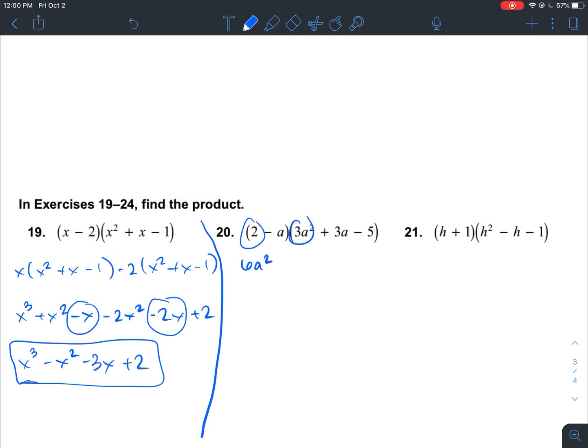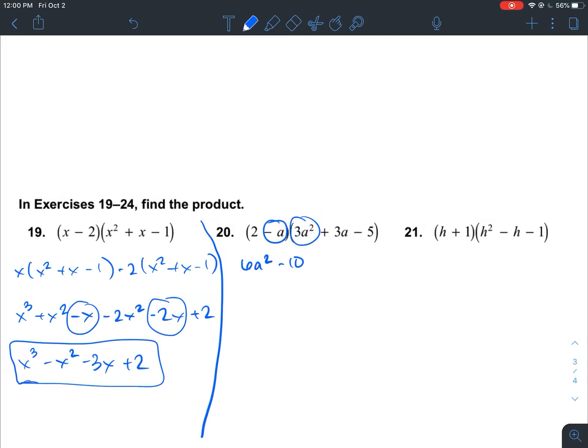Okay. First terms. And then what I like to do is do the outer terms. So that's going to be 2 and negative 5. So it's going to be negative 10. Okay. And now for the inner terms, that means I have to do this negative a and this 3a squared.